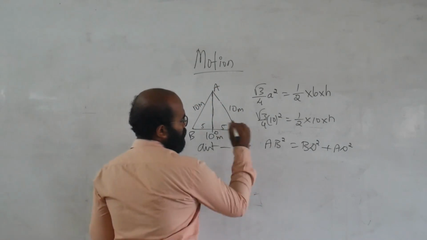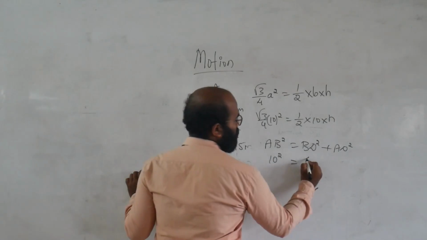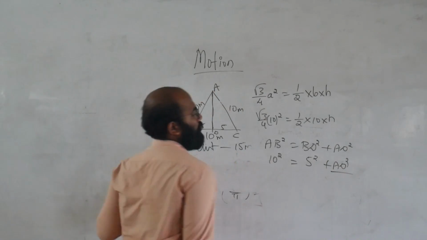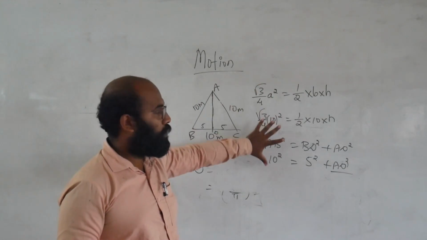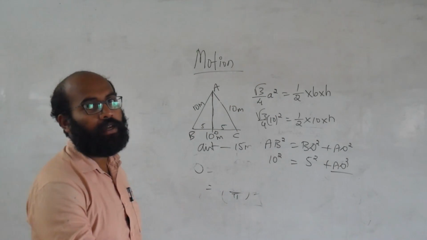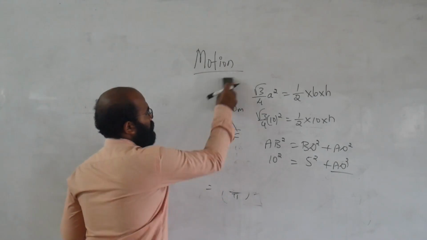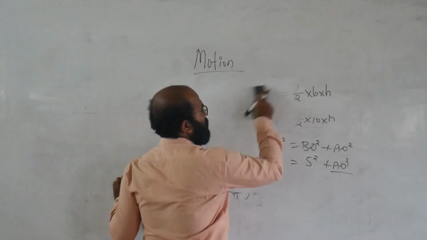So AB is 10 square, BD this is 5 square. Using this you have to find what AD is. This will be the height. Either of the two methods you can use to find the height of the triangle. So this is about displacement. We need to be very careful in calculating displacement.